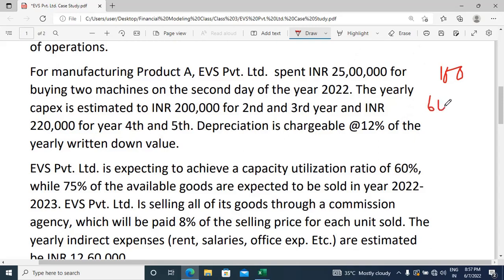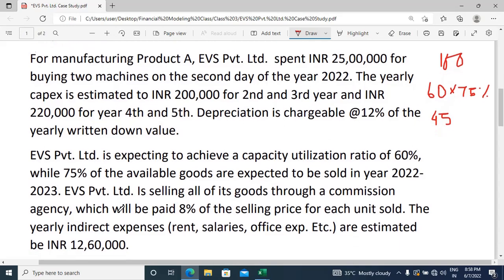For some reason they will be able to produce 60 units in the first year, and out of that 60 units, 75% they will be able to sell. That means how much? 45 units actually they will be able to sell.